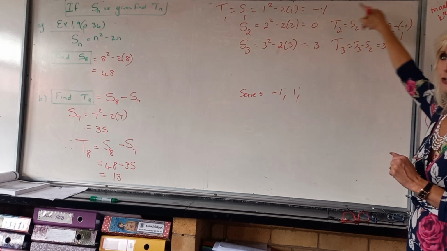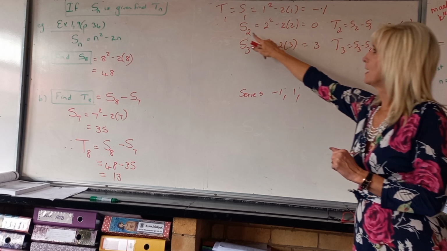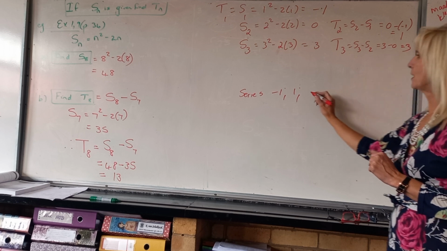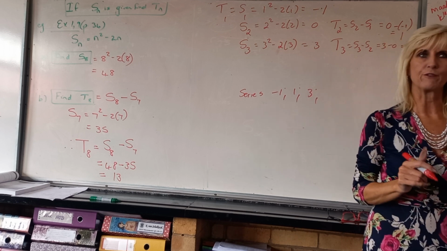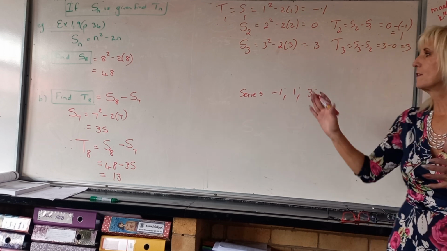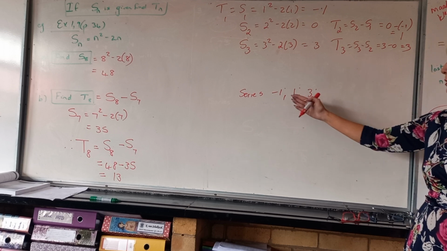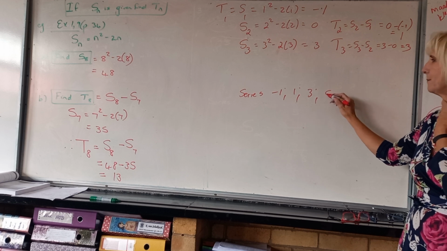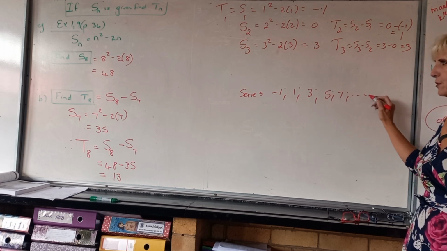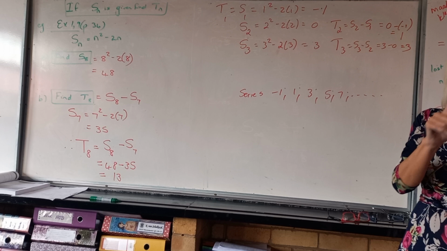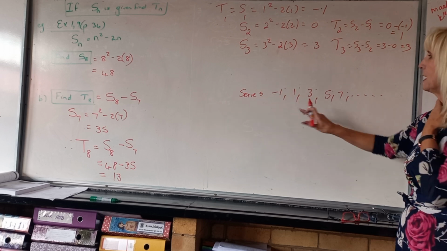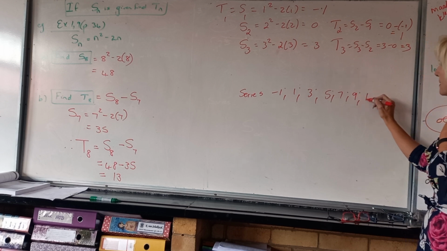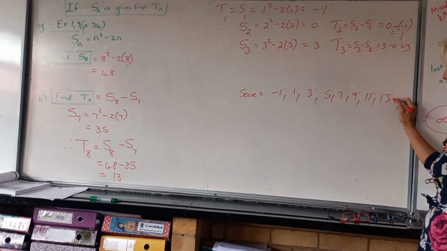Don't get confused with term and S2. S2 was 0, so that would be 3 minus 0 is 3. Yes. Okay, I think we've got the pattern here. So this would mean that the series would continue by doing what? Adding 2. So the next one would be 7, etc. Now because I have it here and I want to prove a point, I've got 1, 2, 3, 4, 5, 6, 7, 8. Am I right?